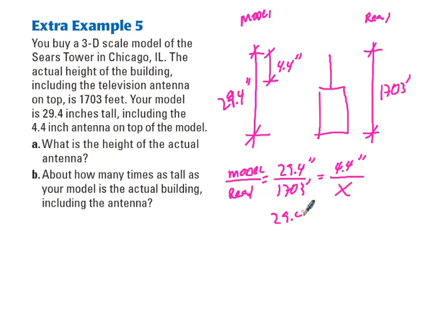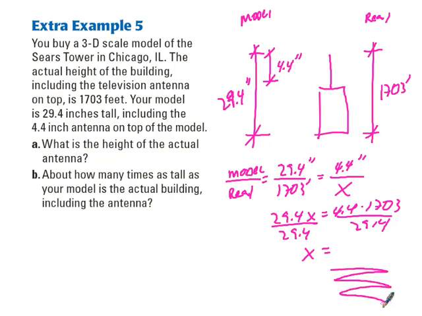We get 29.4x is equal to 4.4 times 1,703. Divide both sides by 29.4, so we can solve for x, and we get that. This is a good spot to pause. I got my calculator, but instead of punching it on my calculator, I'm going to let you do this and put that in for question 1 and answer that question.